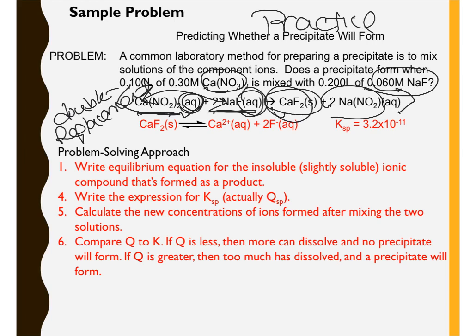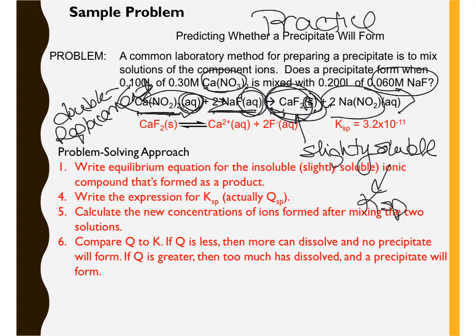But one of the products we have formed is a solid, is insoluble. And anytime you have an ionic compound that's designated with an S, we used to call it insoluble, but now we know it's a slightly soluble salt, and that means that it's going to have a Ksp that determines how much of it can dissolve.